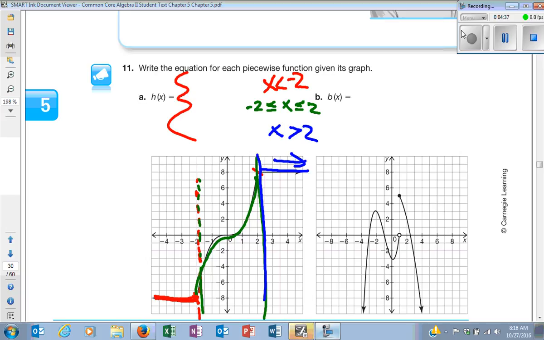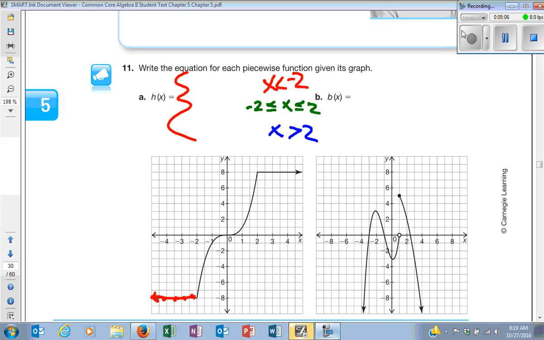So let's go back to the red. How would I describe that? First off, Matt said if you look at this guy right here, it's linear because it makes a straight line. Well, what kind of line is that? A horizontal line. When it's a horizontal line, do you notice what never changes? What stays the same every time I change my point? The y.